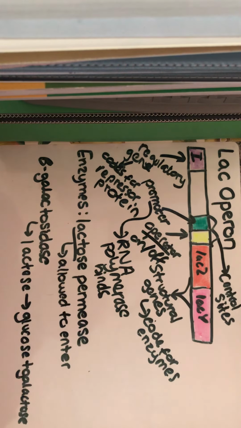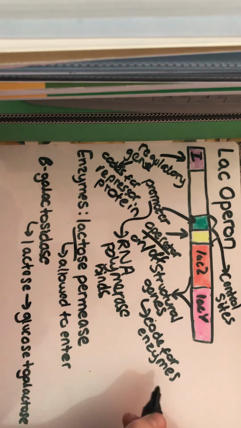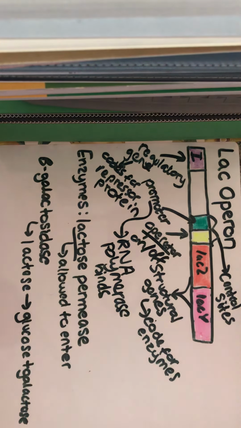And the structural genes Z and Y, we've already said, are expressed as the enzymes lactose permease and galactosidase.